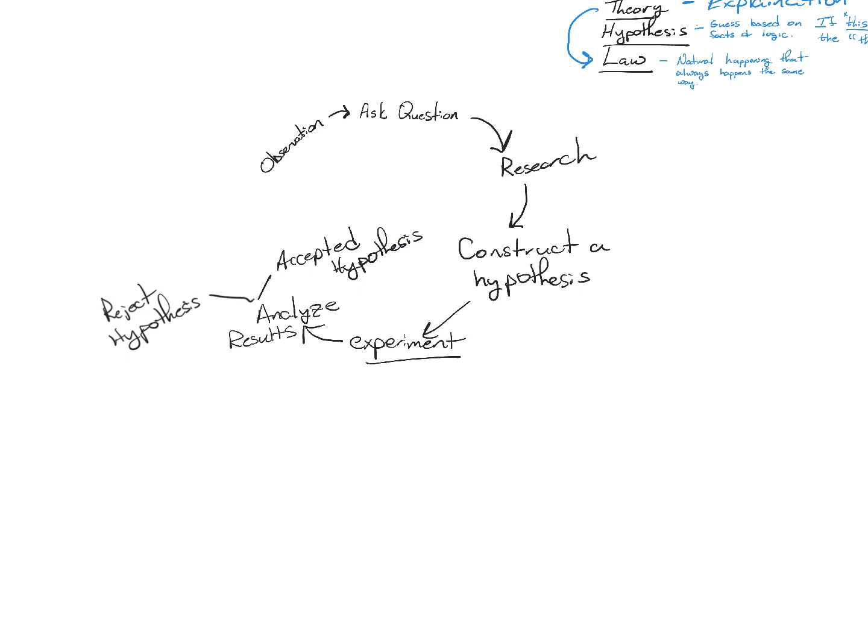One of the two is going to happen. Then whichever one you do, whichever one happens, either way, you're going to report what you've seen. Report your results, including your conclusions.